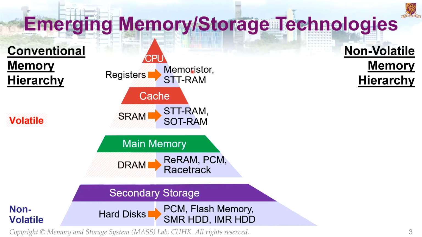These new memory technologies I just mentioned have quite different features compared to conventional volatile memory. They can all deliver so-called non-volatile capability, so they can retain your data even after power cycling or power failures, just like we can keep our data on the hard disk reliably for a long time.